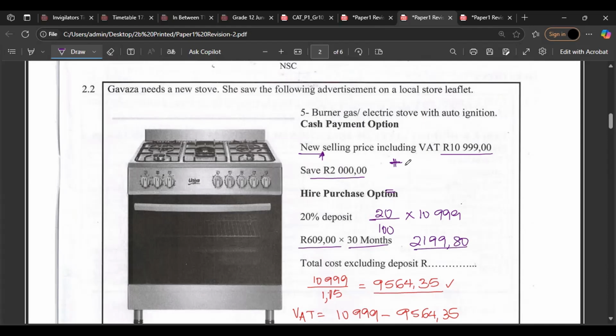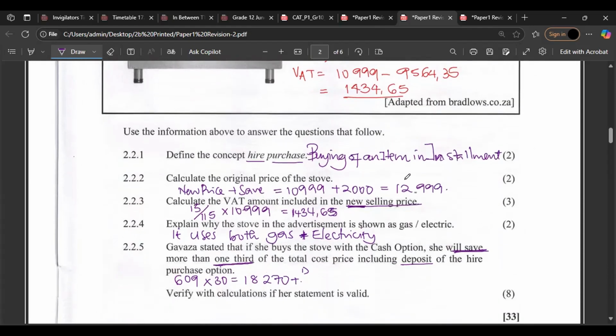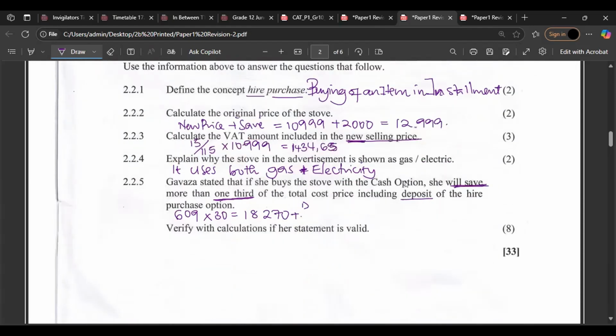So we need to carry it and put it down here plus a deposit. So we are adding on. We get it as, so the amount on hire purchase is this much. So ask yourself, how much would she have saved?